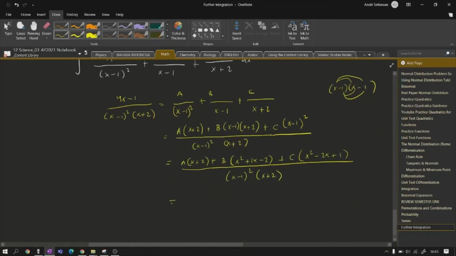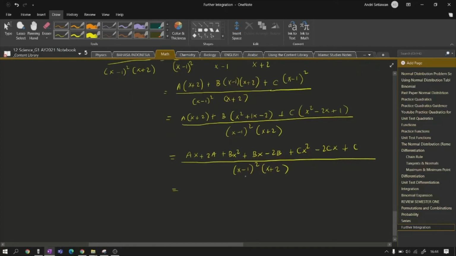So ax + 2a + bx² + bx − 2b + cx² − 2cx + c over (x − 1)²(x + 2).